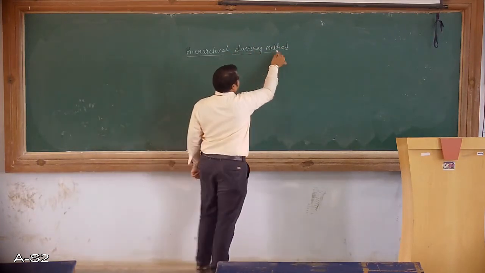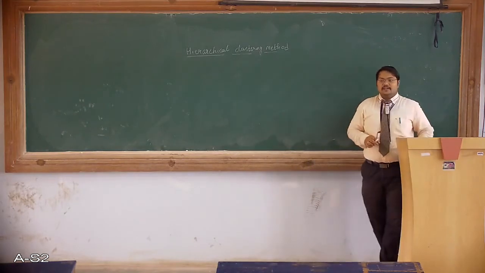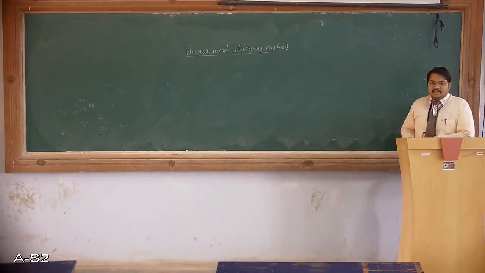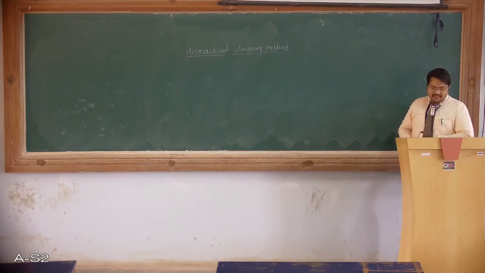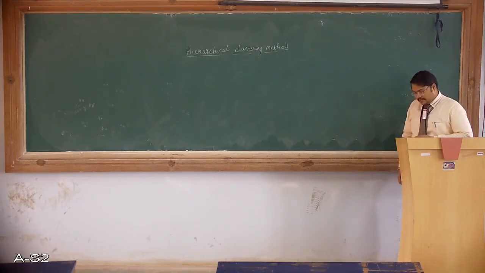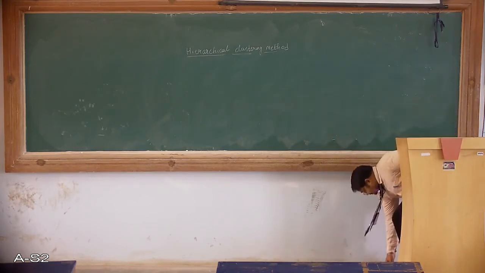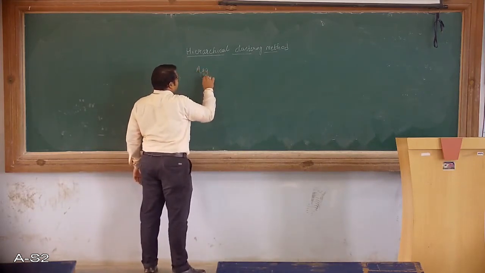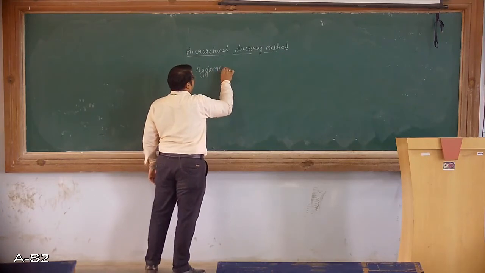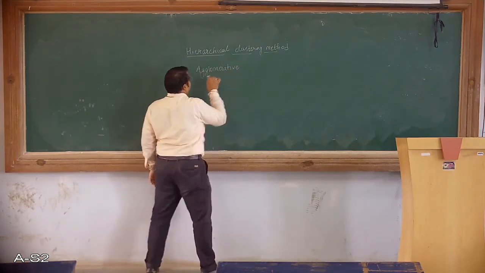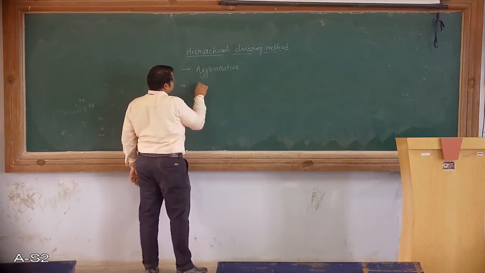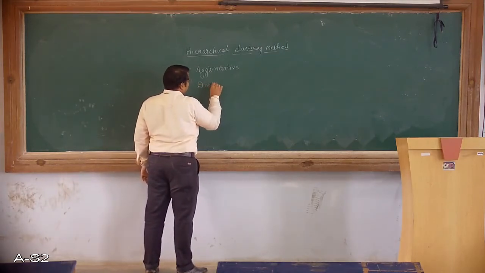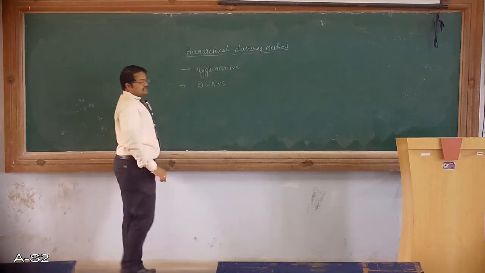The hierarchical clustering method, as we said, will produce nested clusters or a nested series of clusters, when compared to the partitional methods, which produce only a flat set of clusters. Here in hierarchical clustering we have two types: agglomerative clustering and divisive clustering.